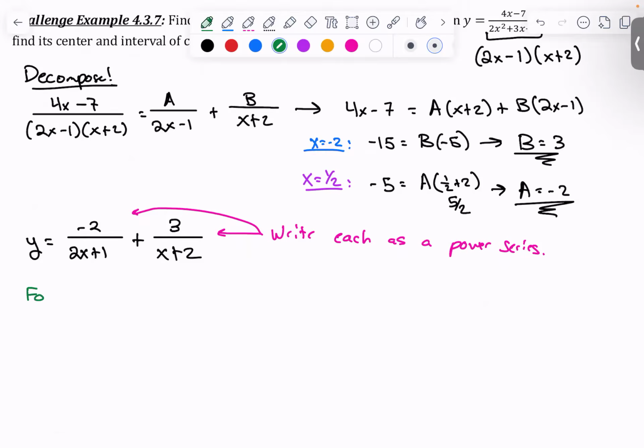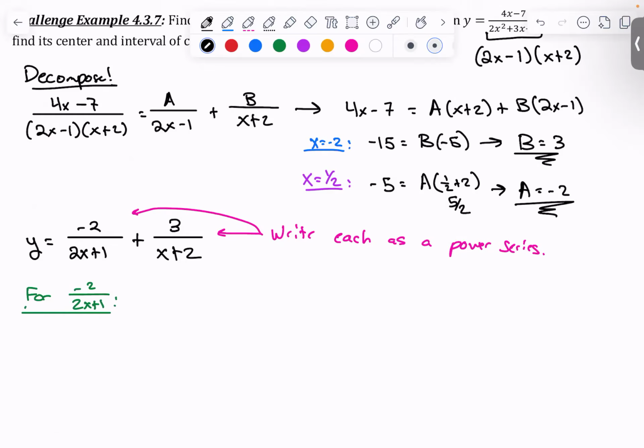So for -2 over 2x plus 1. Well, first and foremost, I need to get that in the form of 1 minus a number. And right now it's pretty okay. Right now it already has the constant term of 1.